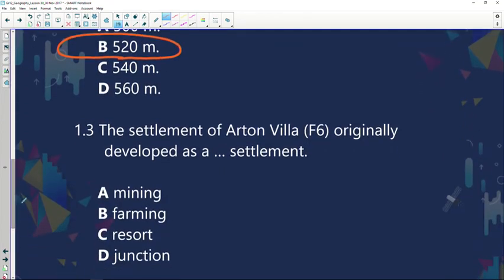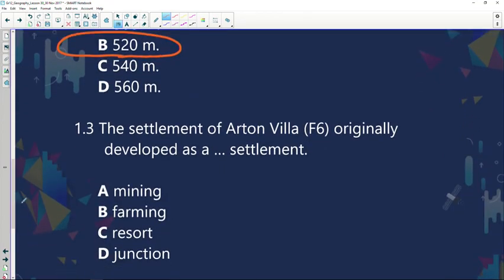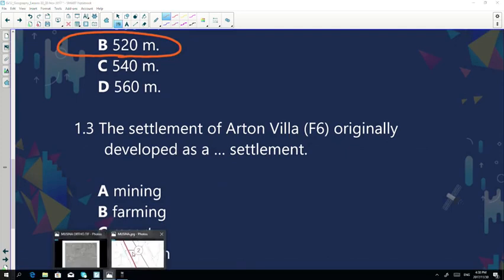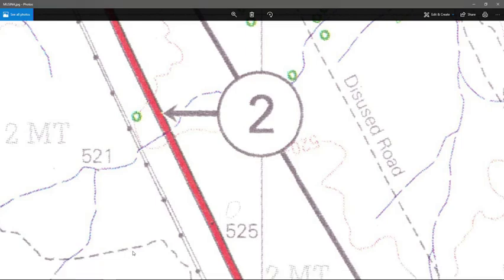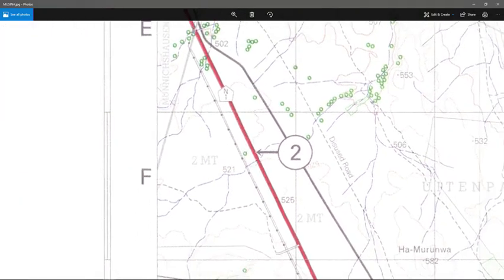Our next question, the settlement of Arton Villa in F6 originally developed as what type of settlement? Let's quickly have a look at F6. See how easy it is when I use my map to find information.